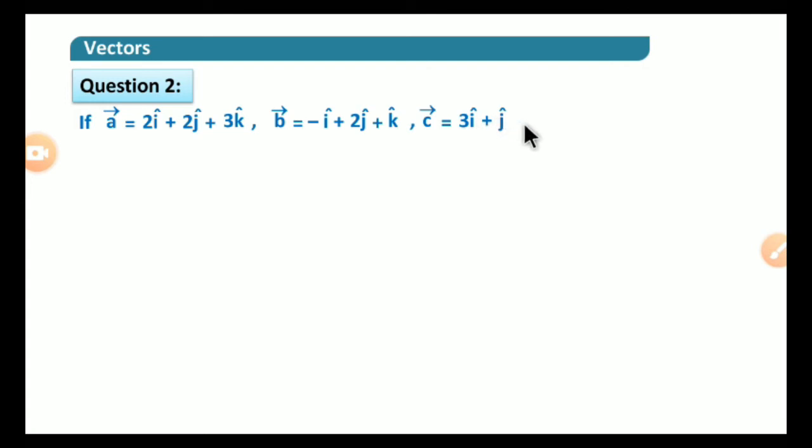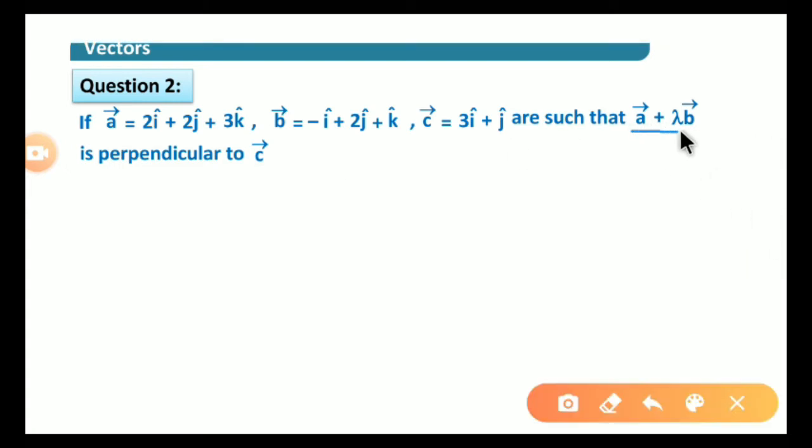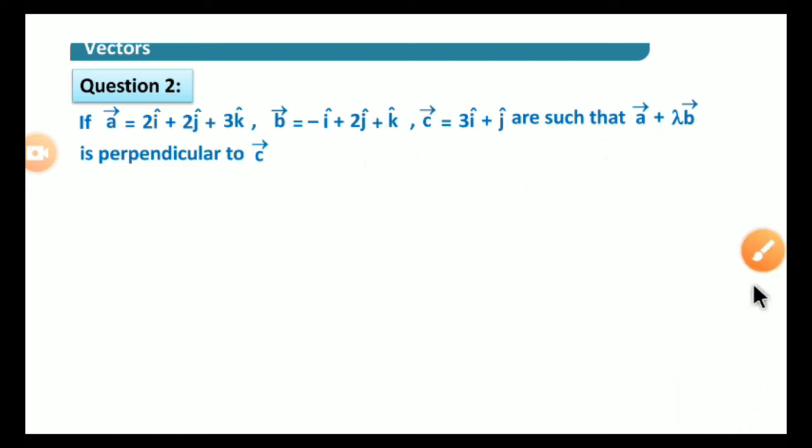See students, here there is no term of k, are such that A plus lambda B is perpendicular to vector C. Therefore, we have to prove that the dot product of A plus lambda B and vector C should be equal to 0, since they have already given that these two are perpendicular.